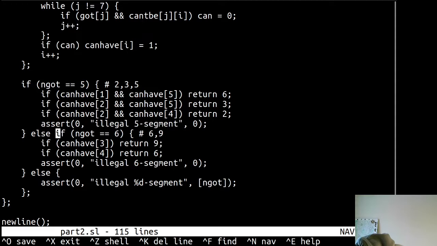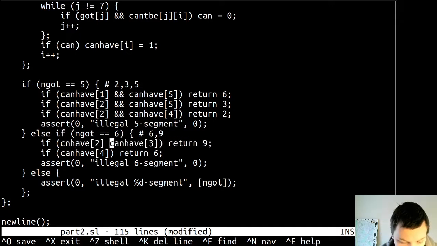If we've got D and E, then we've got 6. If we've got C and D, then we've got 9. So if we can have 2 and 3, then we've got 9.